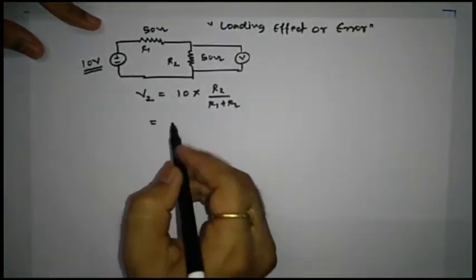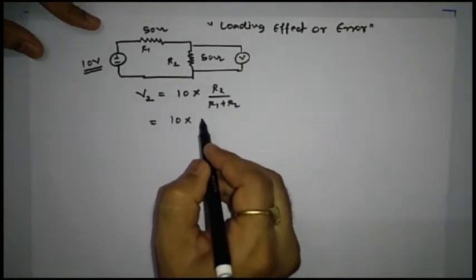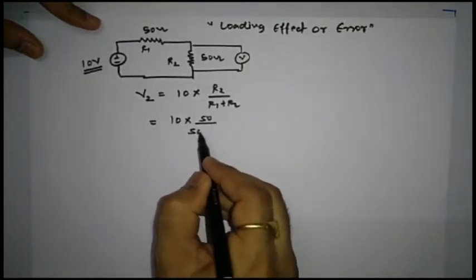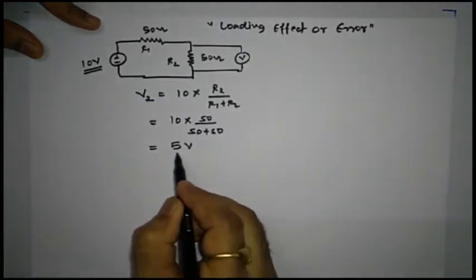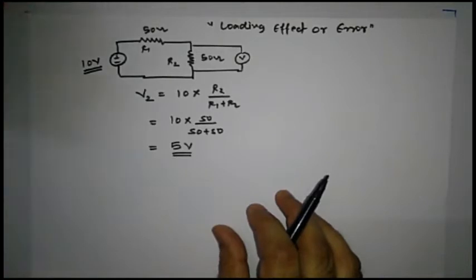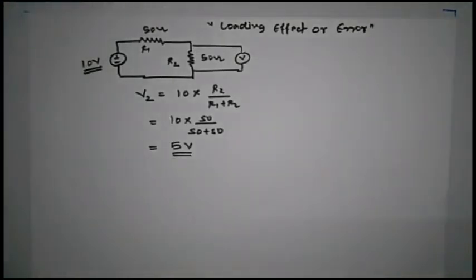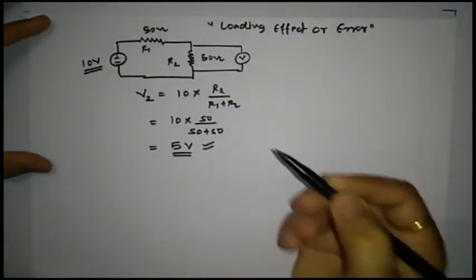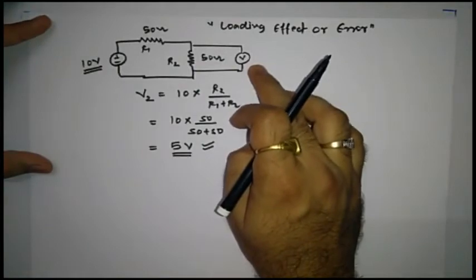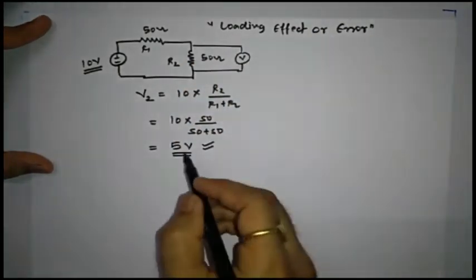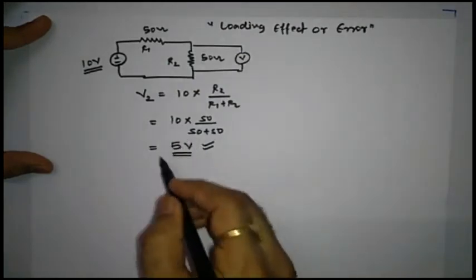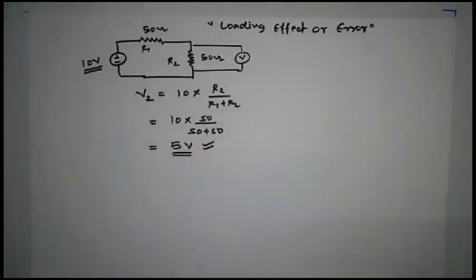So in this case it is going to be 10 multiplied by 50 whole divided by 50 plus 50. So the answer is going to be what? 5 volt. That means the actual voltage across the R2 resistor, whose value is 50 ohm, is 5 volt. That means when we connect a voltmeter across this resistor R2, this voltmeter has to indicate how much magnitude of voltage? 5 volt it has to indicate.